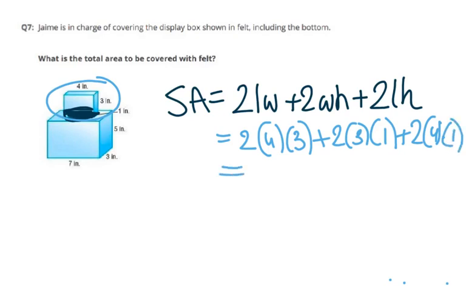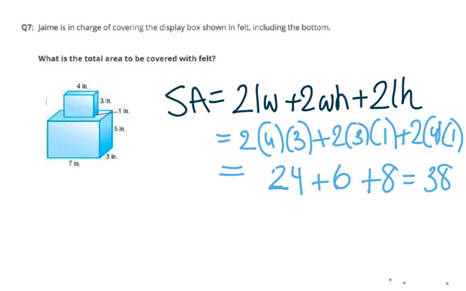And if you work that out, 2 times 4 is 8, times 3 is 24, plus 2 times 3 times 1 is 6, plus 2 times 4 times 1 is 8. 24 plus 6 plus 8 is 38. So the surface area of this small rectangular prism is 38 inches squared.